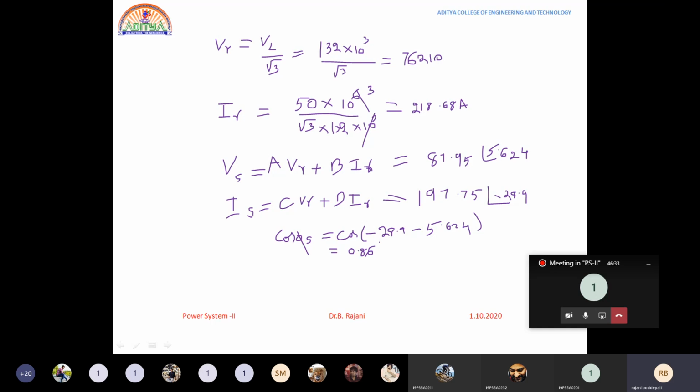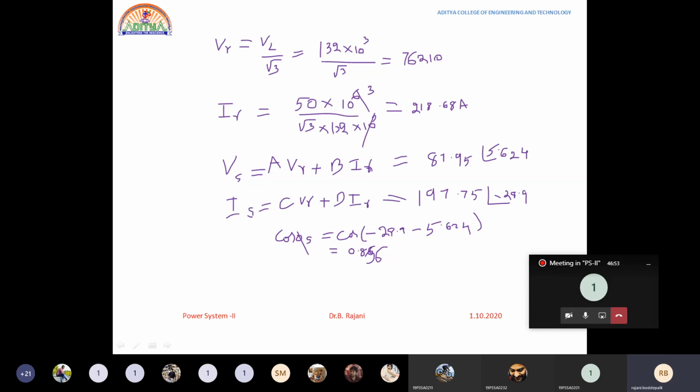Please do it in the calculator. You tell me the answer. It is 0.86. If you apply cos, you'll be getting cos phi s as 0.856 or like that. Have you got that value or not? Yes, ma'am. 0.856 we have got.